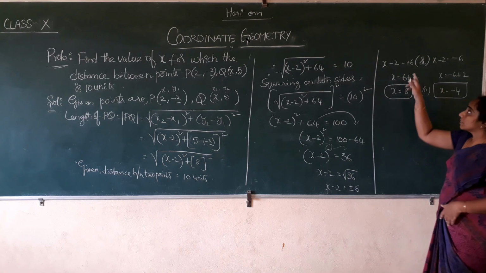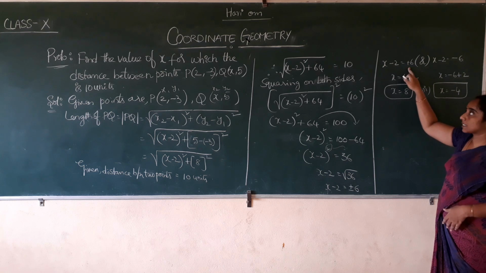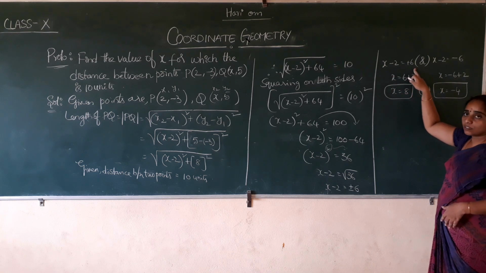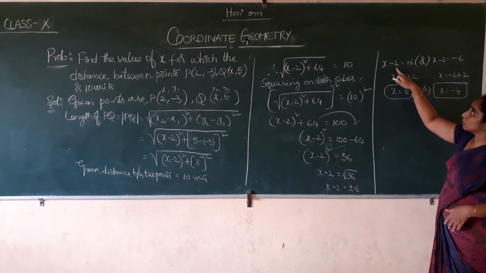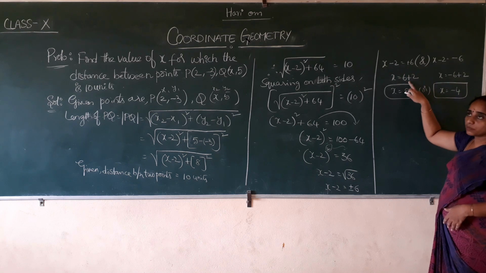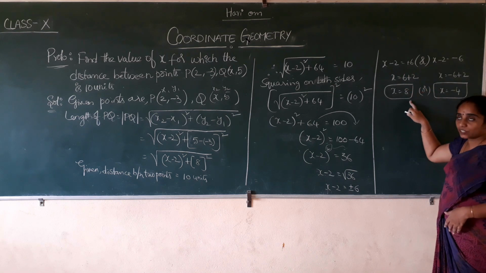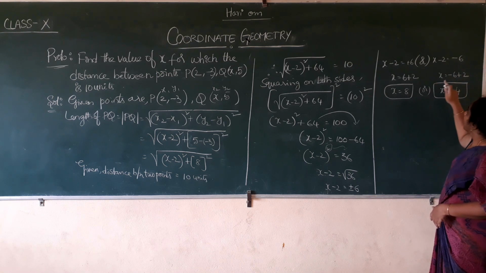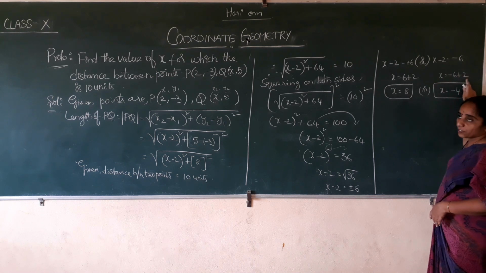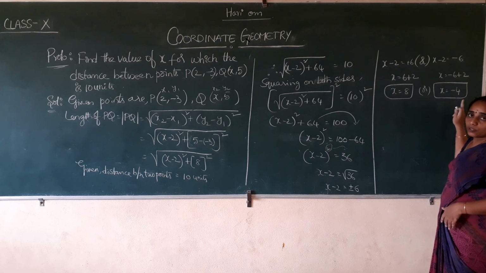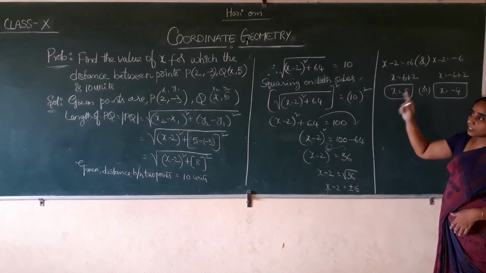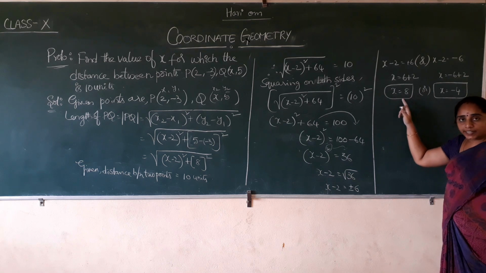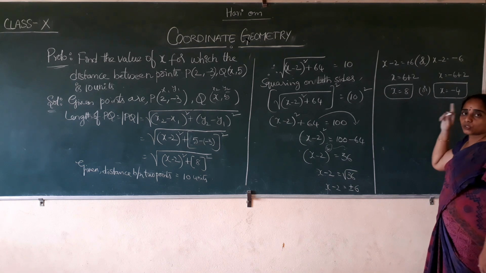First I have taken plus 6: x minus 2 is equal to 6, x is equal to 6 plus 2, it is 8. Here x minus 2 is equal to minus 6, x is equal to minus 6 plus 2, it is minus 4. So the x value is either 8 or minus 4.